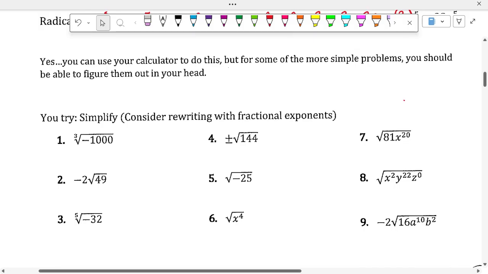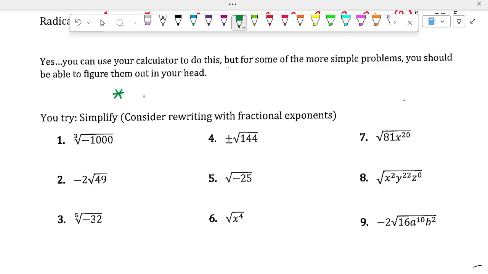Now, something else to consider. If you have an even index, meaning it's an even root, so square root, 4th root, 6th root, you can have no negatives under the radical. Why?